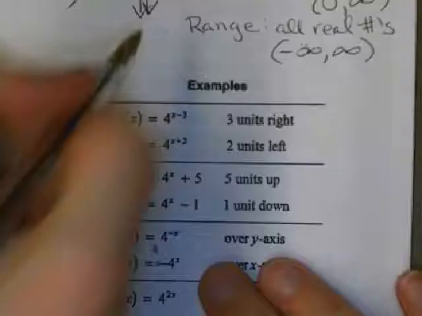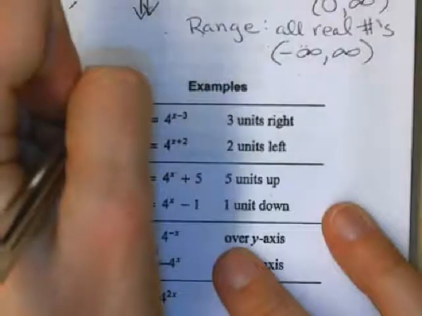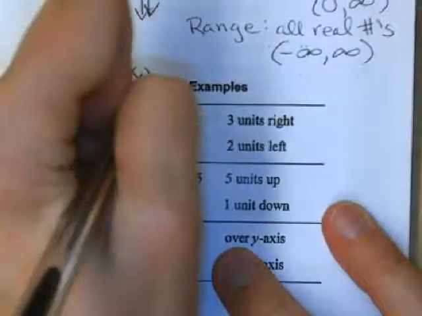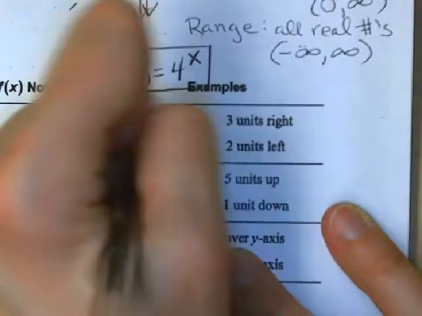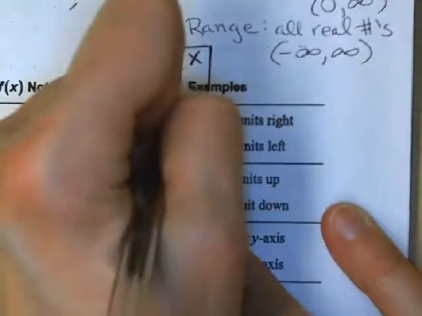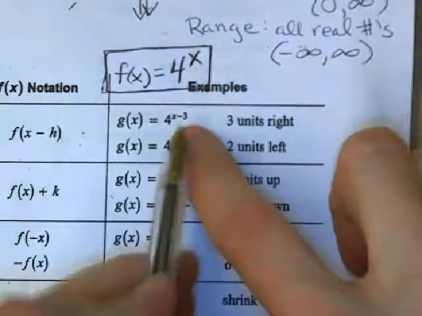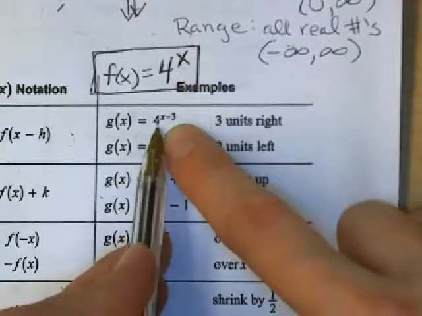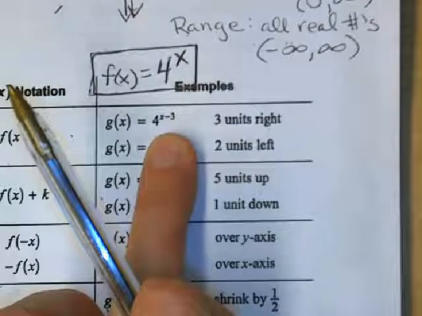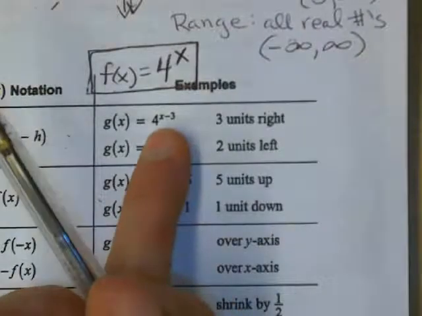So if you started off with a function, like f of x equals 4 to the x, just like we were graphing, but then if they add a number into it, instead of just 4 to the x, what if it says 4 to the x minus 3 power?